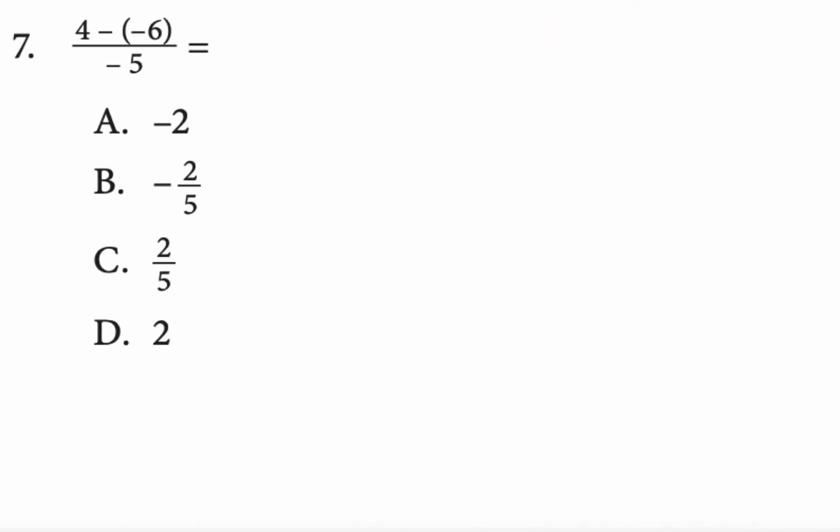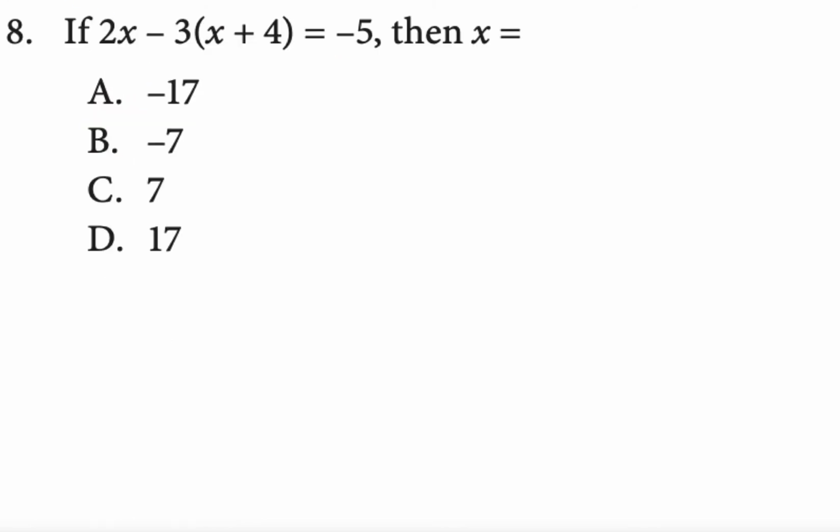All right, let's move on to number 7. This one is rather simple. We just have to evaluate it. When you combine the numerator here, negative negative becomes positive. So same thing as 4 plus 6, which becomes 10, over -5, which becomes -2. So -2 becomes the answer, choice A. Not bad at all. Number 8.